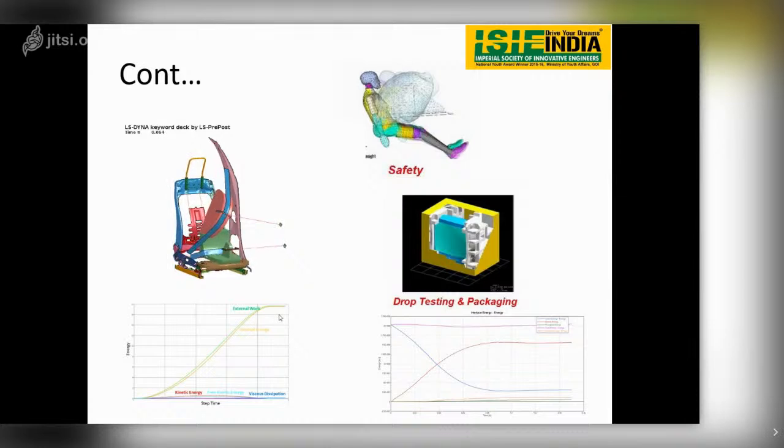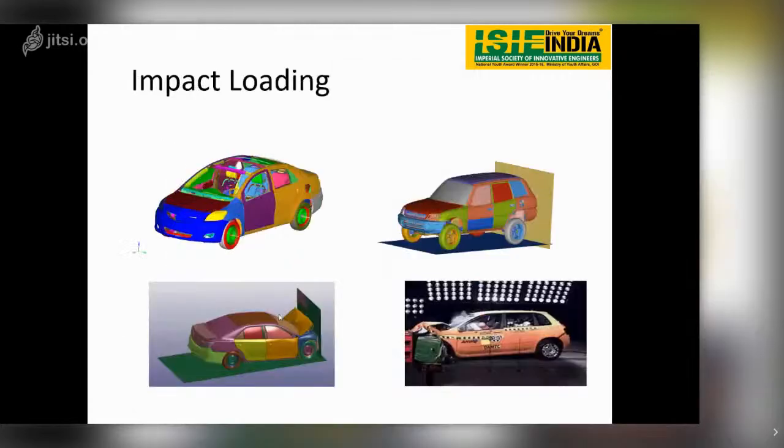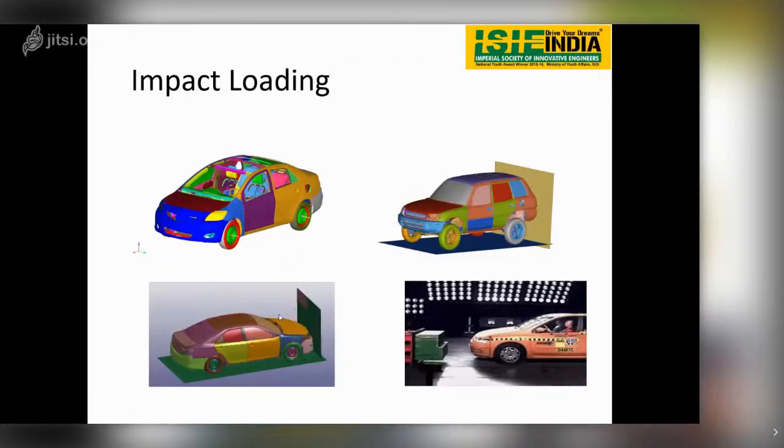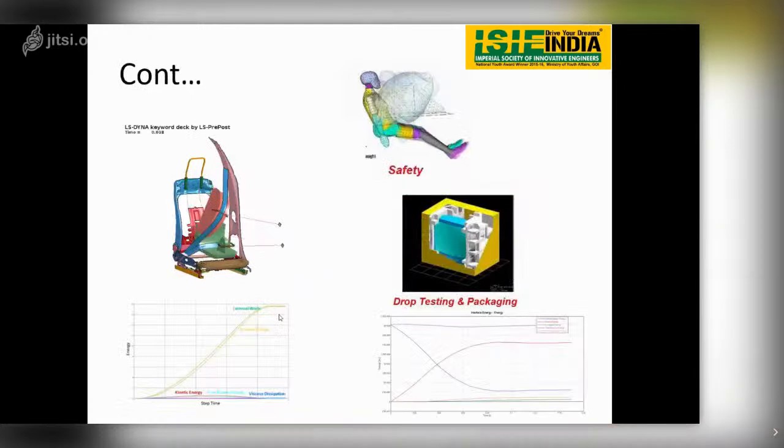The analysis we carried out was just to evaluate the structural performance of the vehicle. Occupant safety can also be solved by the solver called LS Dyna. Upon an accident, the airbags are deployed, and we see how much time it has taken to activate the airbag.